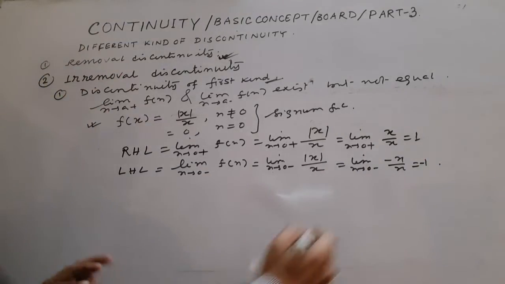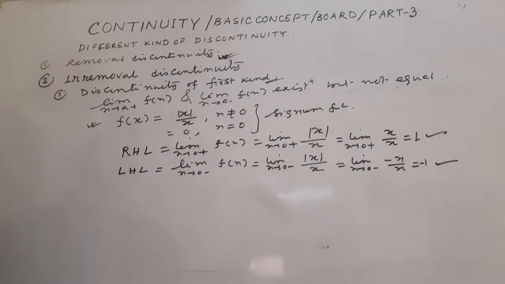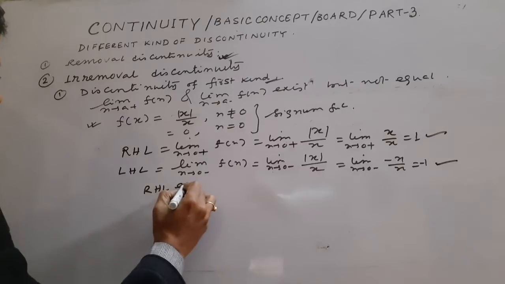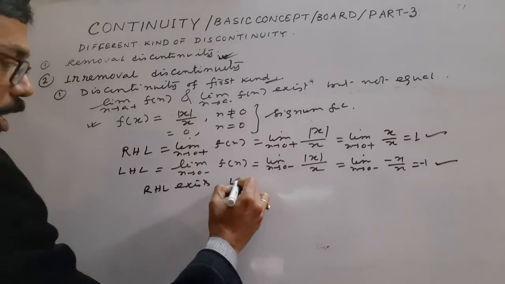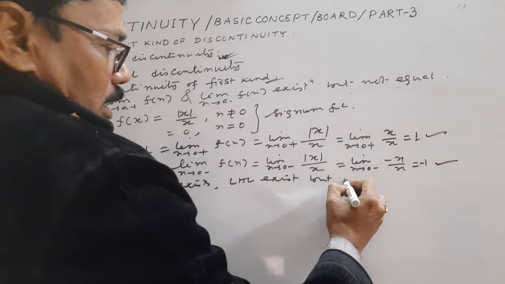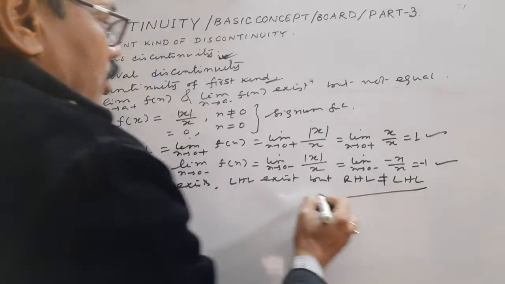So look, right hand limit exists, left hand limit exists, but RHL is not equal to LHL.